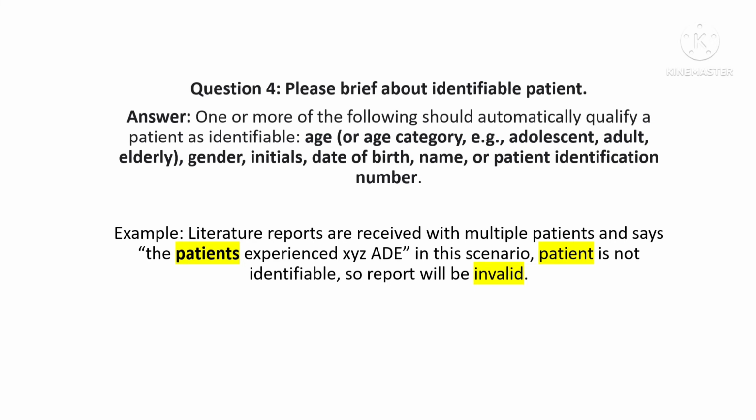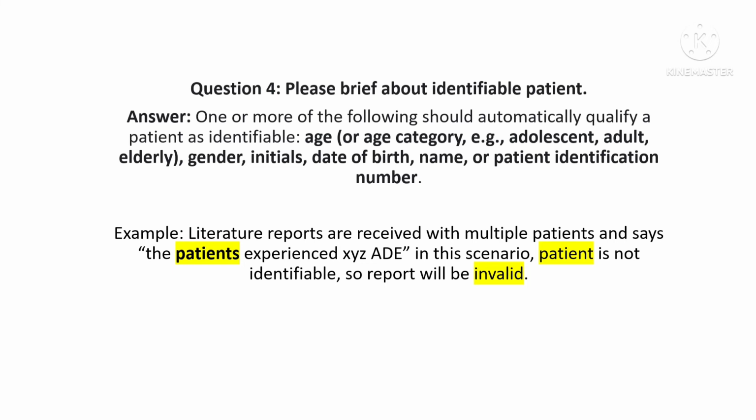We don't need all the details of the patient. We just need at least a few pieces of information which indicate that there is some patient who has taken the medication and an adverse event occurred. For example, we receive many literature reports which have multiple patients, and the report says the patients, plural, experienced XYZ drug.